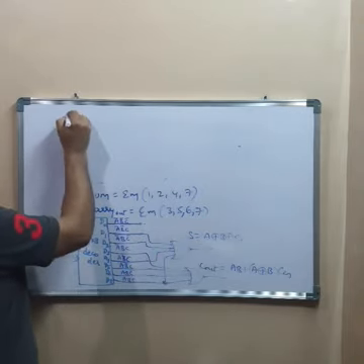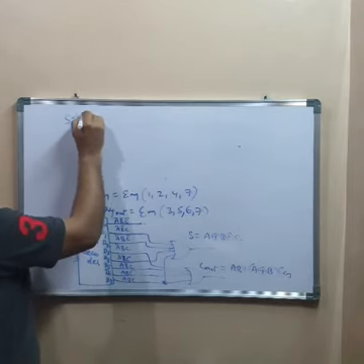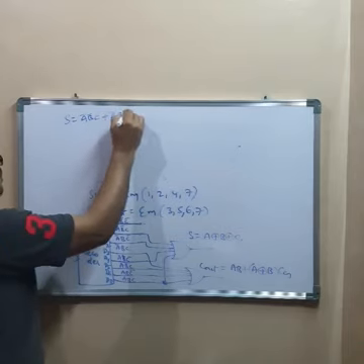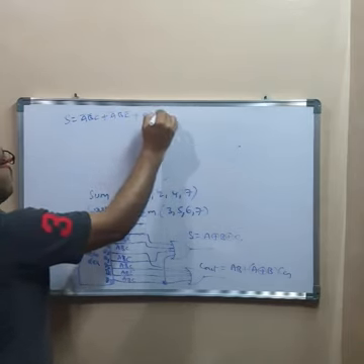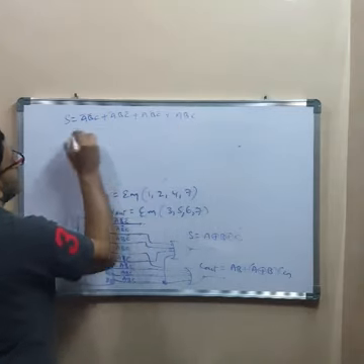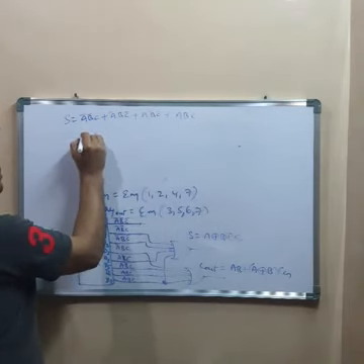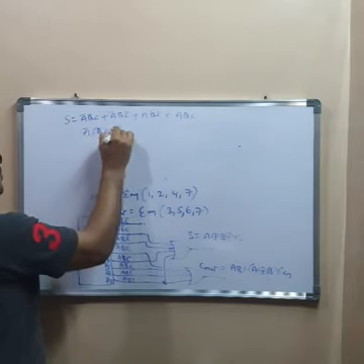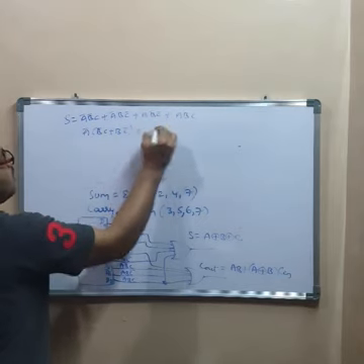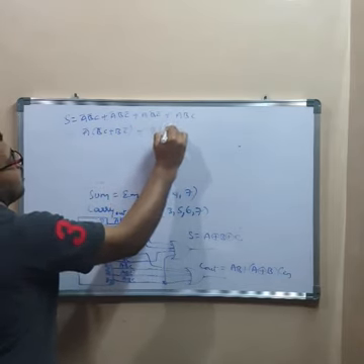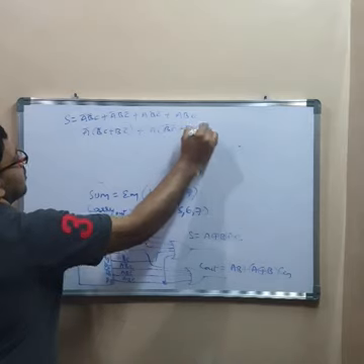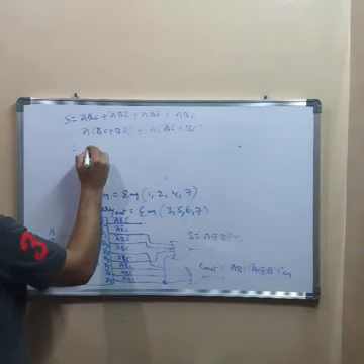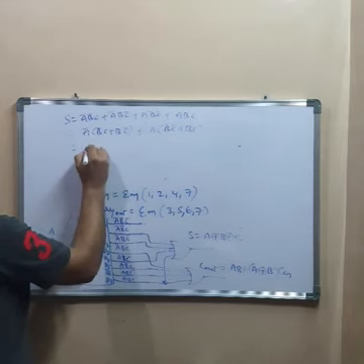S is equal to A bar B bar C plus A bar B C bar plus A B bar C bar plus A B C. Take common terms among these. A bar is common: A bar into B bar C plus B C bar, plus, taking the common term A, B bar C bar plus B C. So this is in the form of B XOR C.